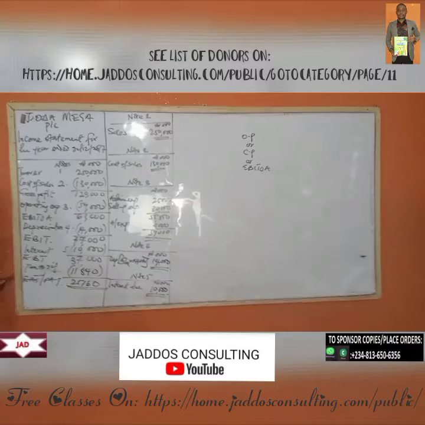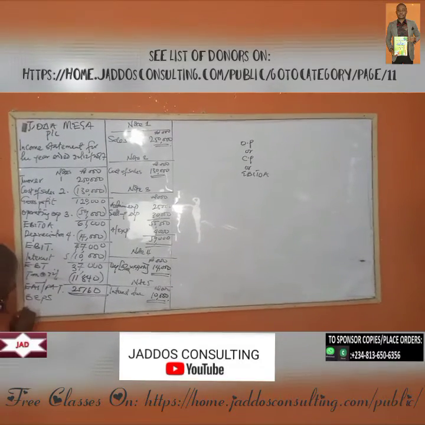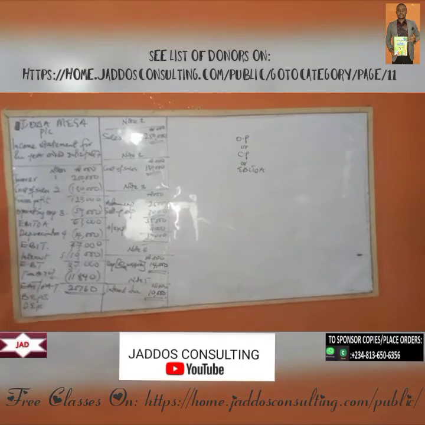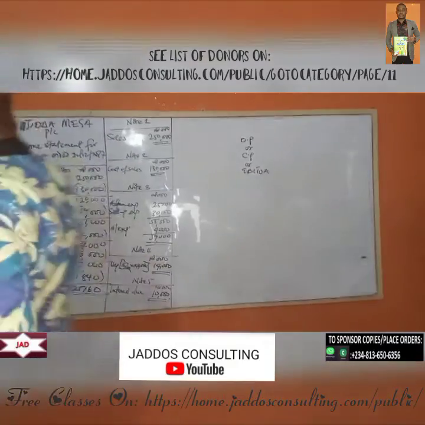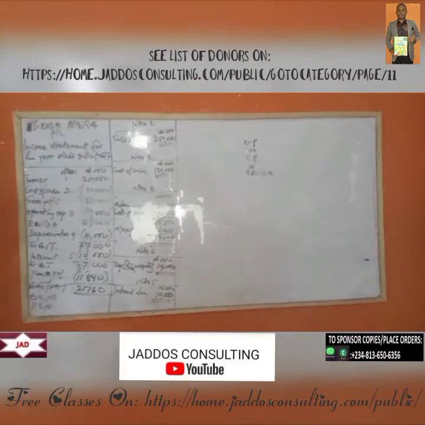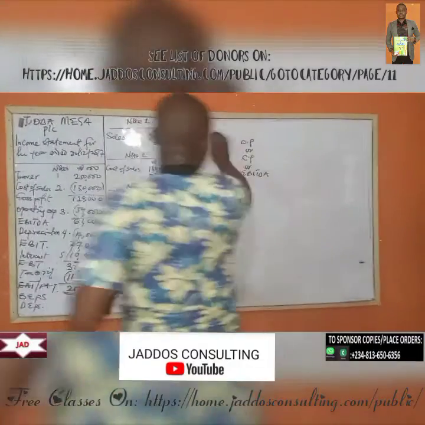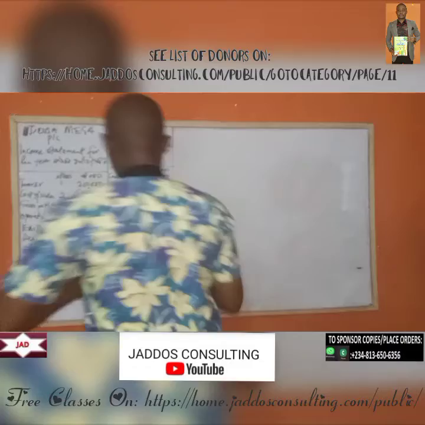Okay? So now let's go. We now have our basic earnings per share, diluted earnings per share. So how do we calculate that? So what do we have here?